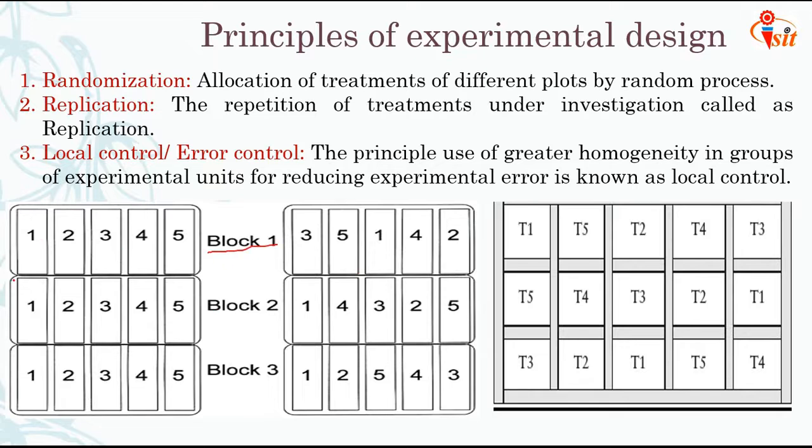Firstly, we take one example. This is a piece of land, and if I divide the land into parts to plant 5 varieties, what happens in this case? The fertility present in that area is obviously different from the fertility of the land experienced by genotype 5.